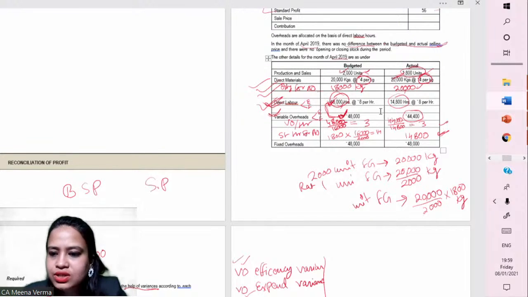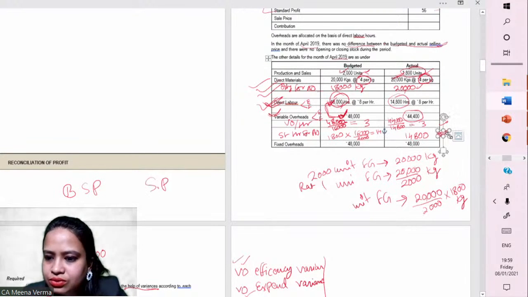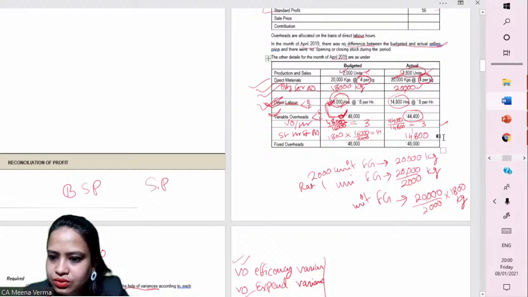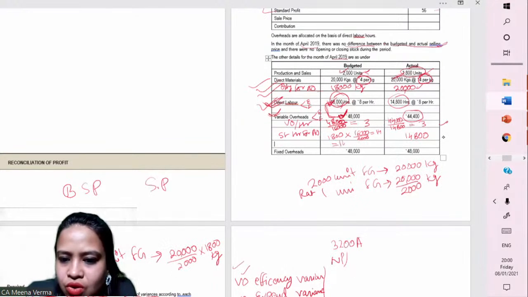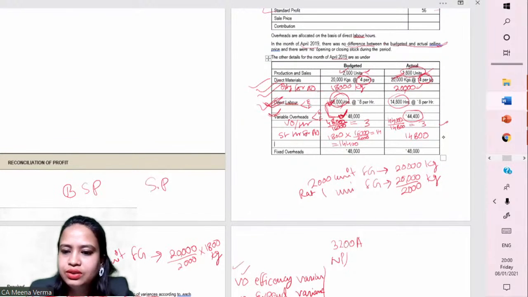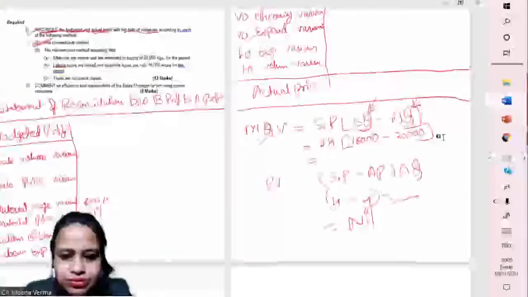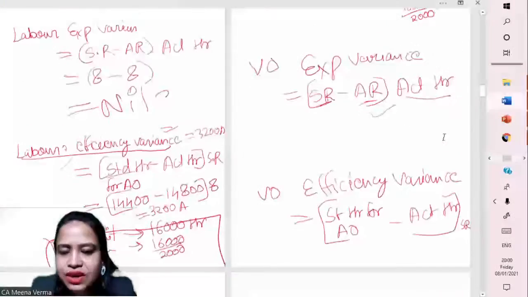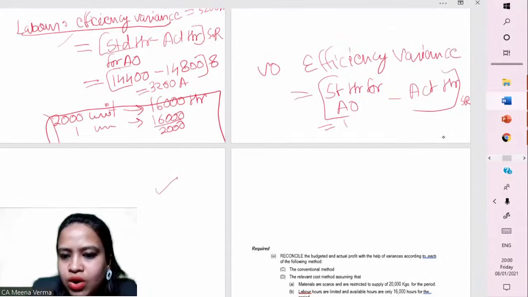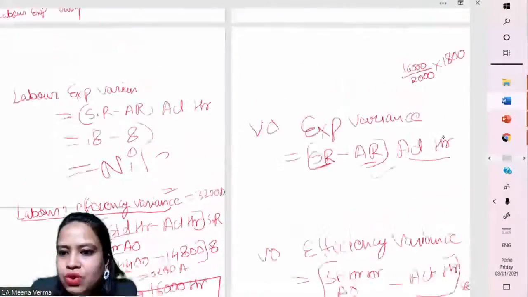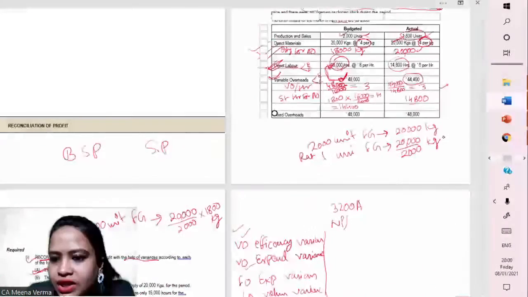If you solve this, you will get the value, 14,400. So if you put these values, standard hours for actual output is 14,400 minus actual hours, which is 14,800.